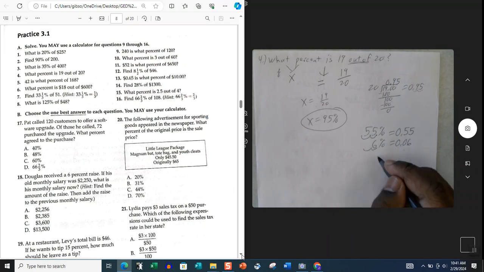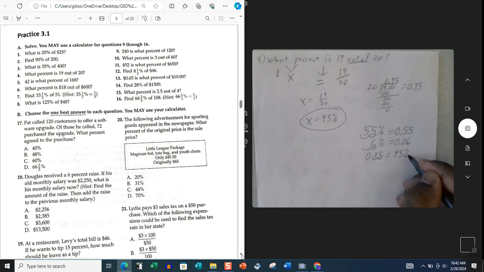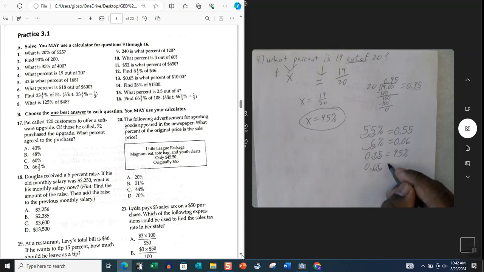Now to do the reverse. If we take a decimal, like we took the 0.95, and change that to a percent, you move the decimal 2 places to the right and put a percent sign at the end. So let's say if we had 0.06, we'll move this decimal 2 places to the right and put a percent sign at the end.